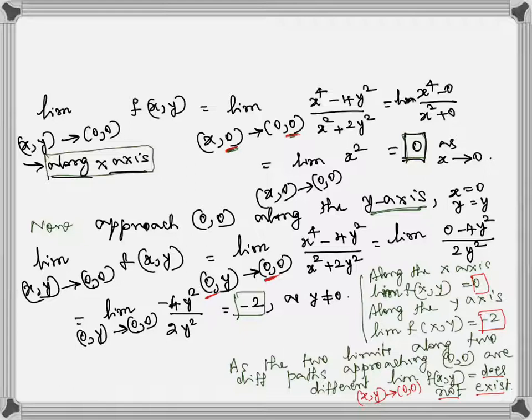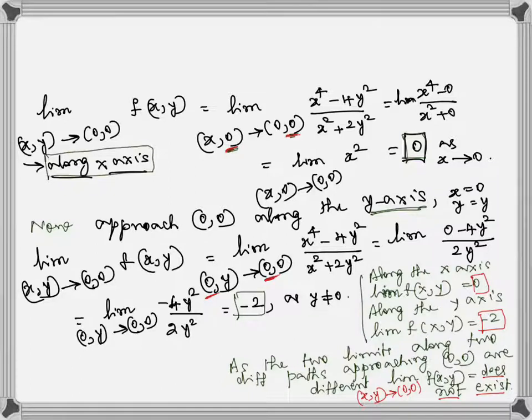In the next problem, we will try to show that the limit exists, which is a harder case than proving the limit does not exist. If you show that the limit does not exist, all you need to do is find two paths, where along one path the limit is one value and along another path the limit is different.